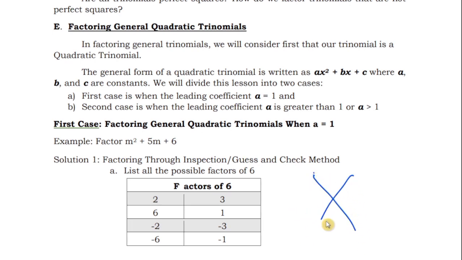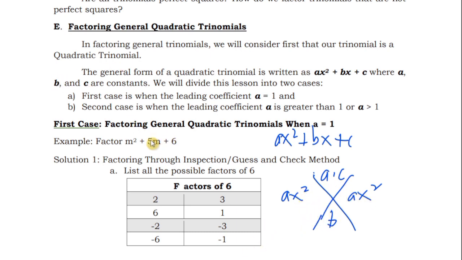When we say diamond method, when we have ax squared plus bx plus c, the diamond has ax squared, then a times c, then we have b. So that is the pattern as we go through.